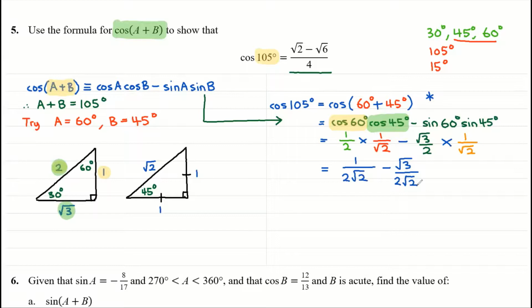Let's write them as a single fraction first. So we have 1 subtract √3/2√2. Going right back to the beginning of the course now, multiply the denominator by √2 and the numerator by √2, remembering to multiply the whole thing. Let's see if this is going to work.